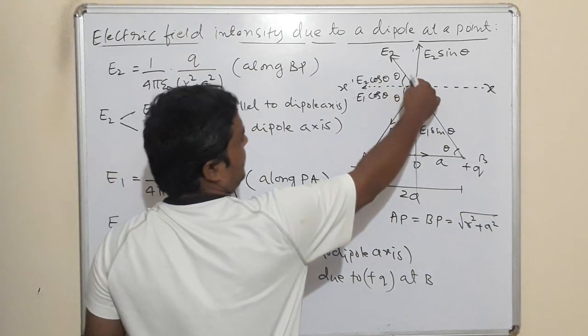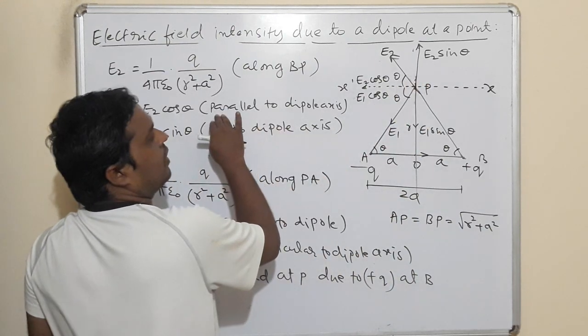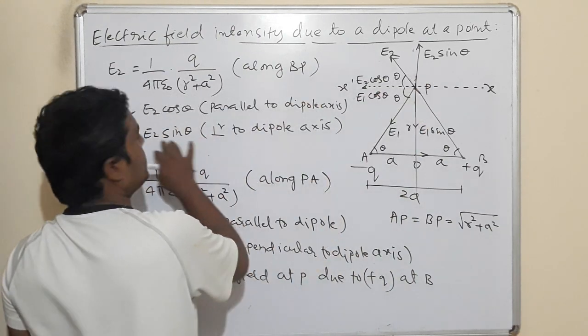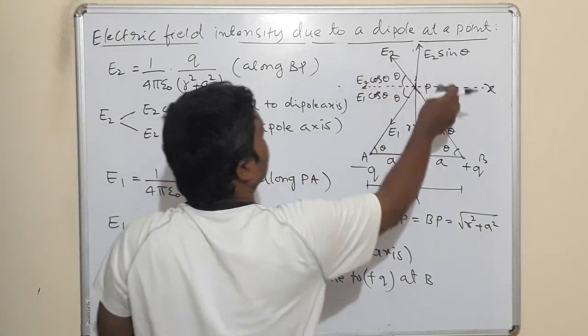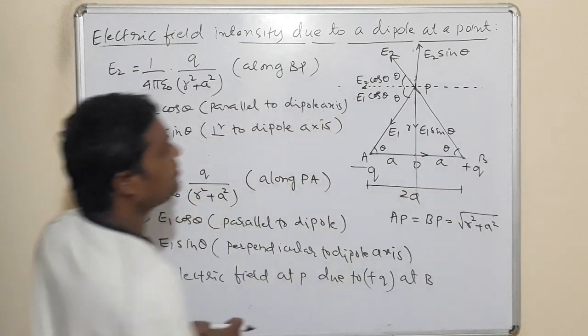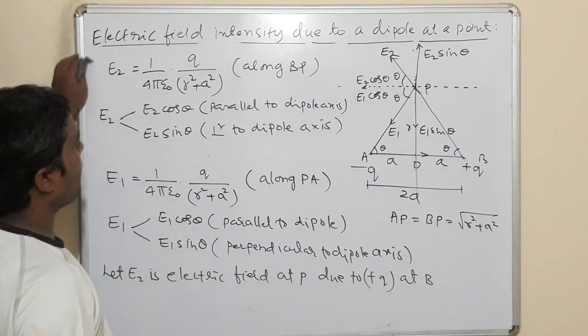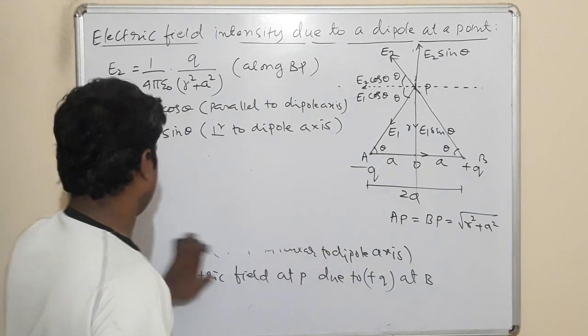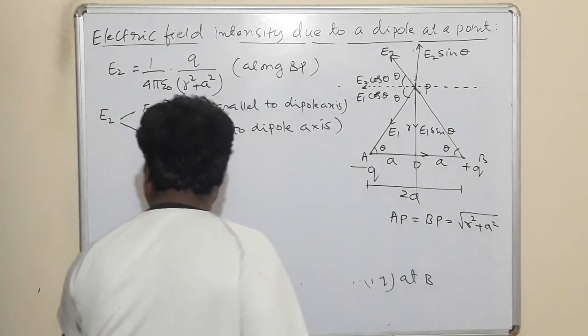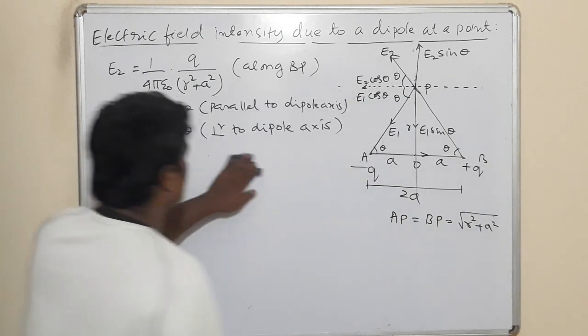Sometimes E2 cos theta is along px dash, E2 sin theta will be along py, like that we can write. Okay. These are the two components of E2.